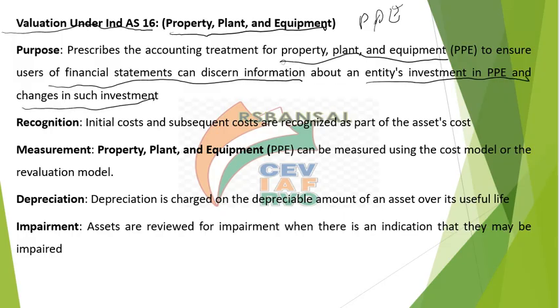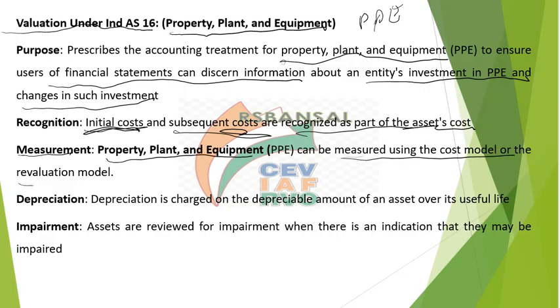Recognition: initial costs and subsequent costs are recognized as part of the asset's cost. Measurement: property, plant and equipment can be measured using the cost model or the revaluation model. Depreciation: you will be applying depreciation to all these assets. Depreciation is charged as the depreciable amount of an asset over its useful life.